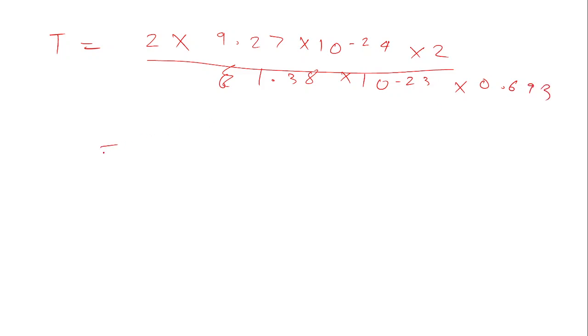Putting these values in and calculating: 2 times 9.27 times 2 divided by 1.38 divided by 0.693 is 38.77, and the powers 10 to the power minus 24 plus 23 give 38.77 times 10 to the power minus 1 Kelvin.